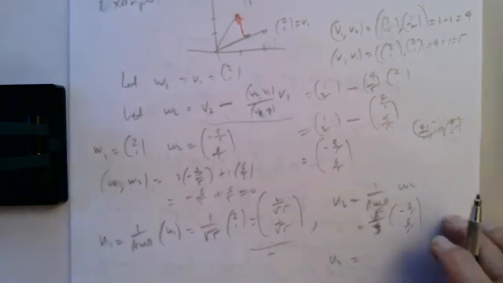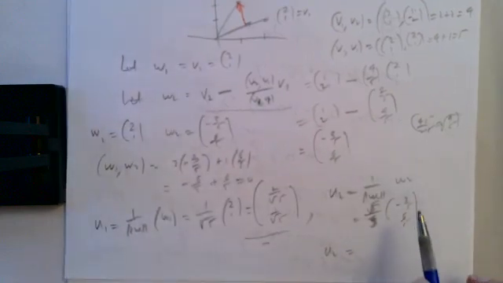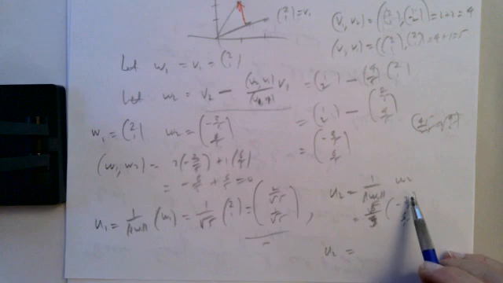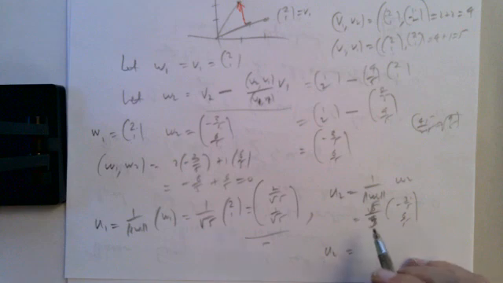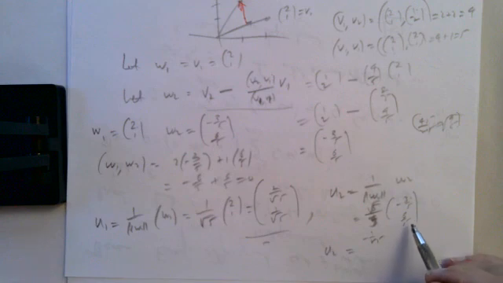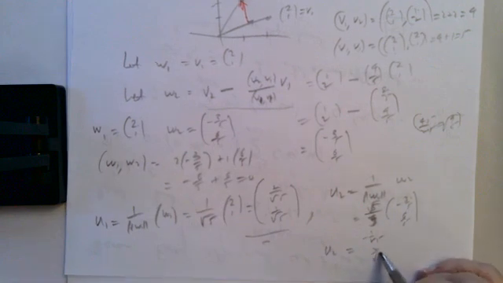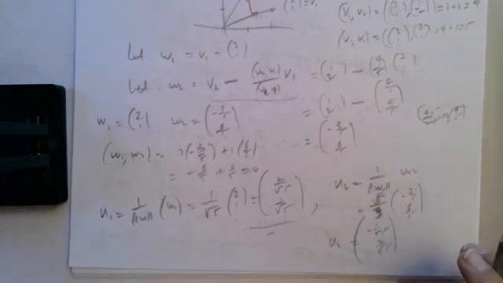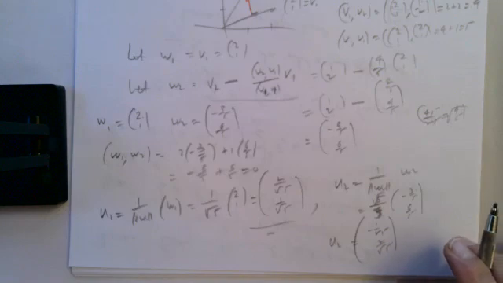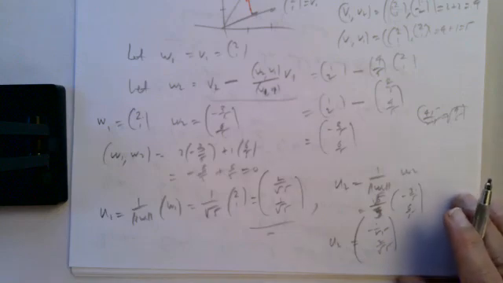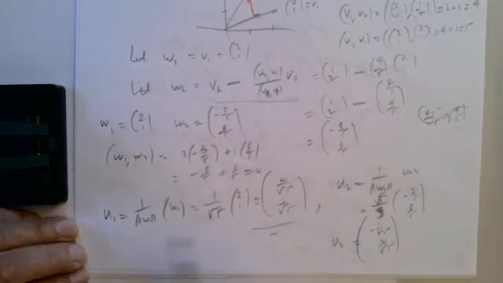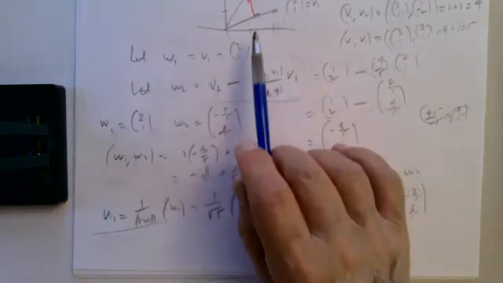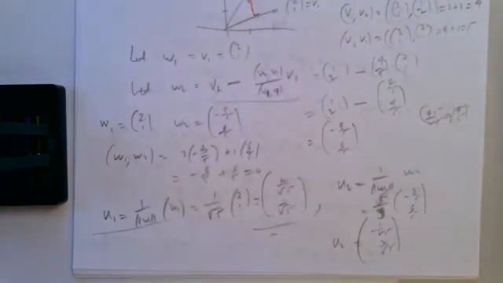So what we get for U2 is the vector, these 3's cancel, minus 1 over root 5 and 2 over root 5. So that's an orthonormal basis for R2 constructed from these two vectors.